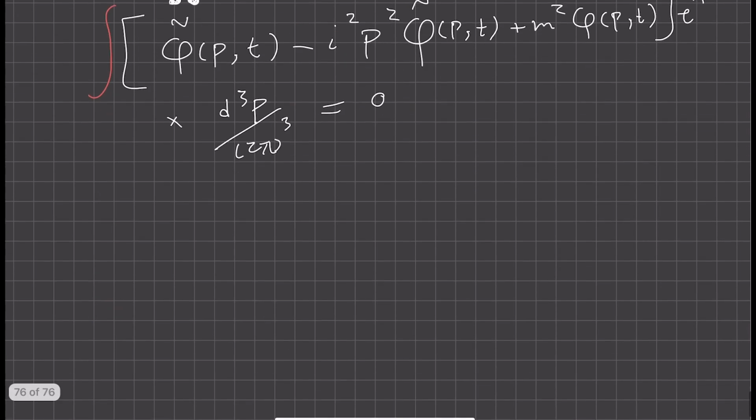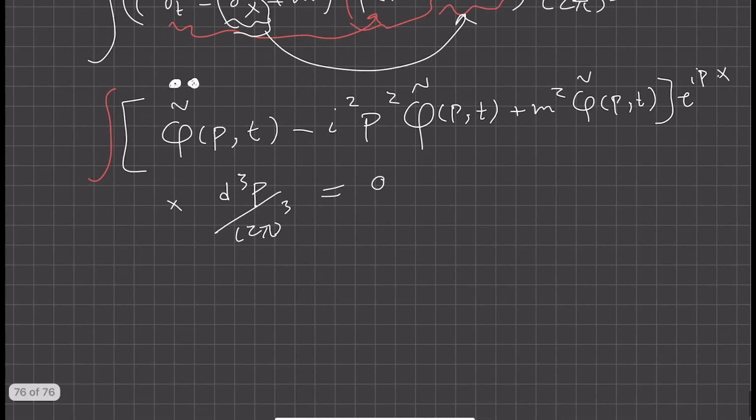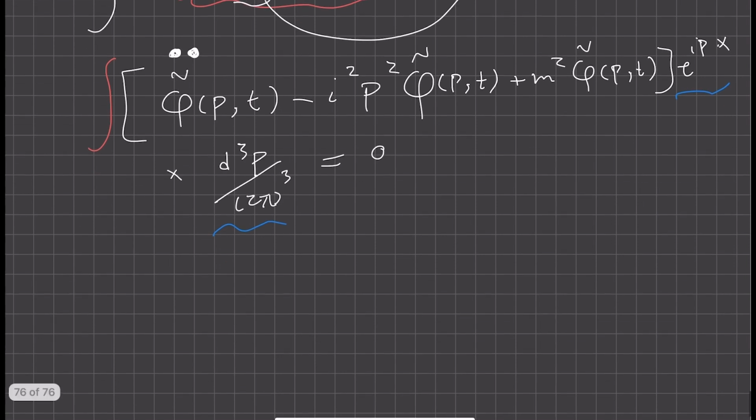And now that's the beauty of it. The beauty of it is that we can ignore these two terms, the differential term, because it's an integral equation, and just put the expression inside of the integral equal to 0.